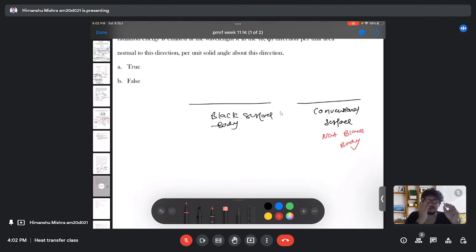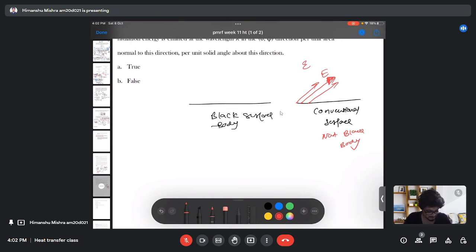The radiosity is defined by the total amount of radiation which is coming out from the surface. That means the radiation can come out when the surface is emitting radiation, and the amount it can emit depends upon the emissivity factor epsilon.